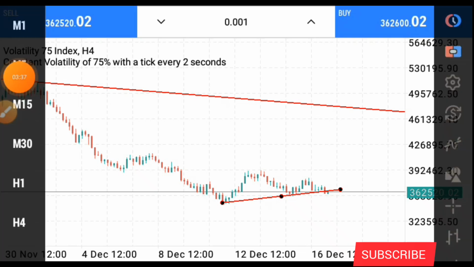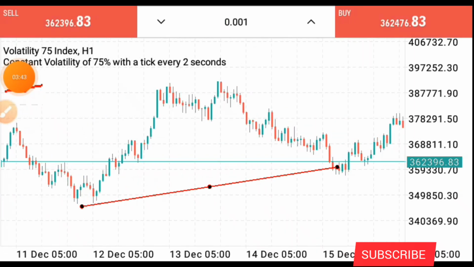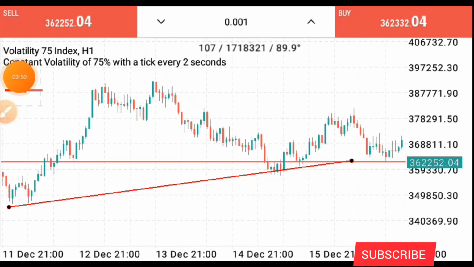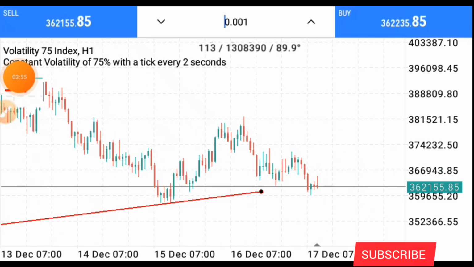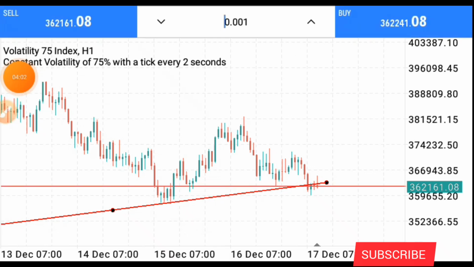Okay, let me go to the 1 hour time frame so that I'll draw this properly. So you can see here on the 1 hour we are having an uptrend, right? You can see that trend is currently going up here. There is an uptrend here which has been broken, right?